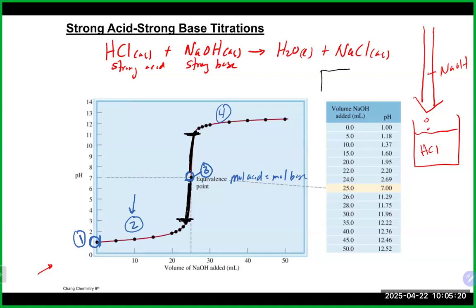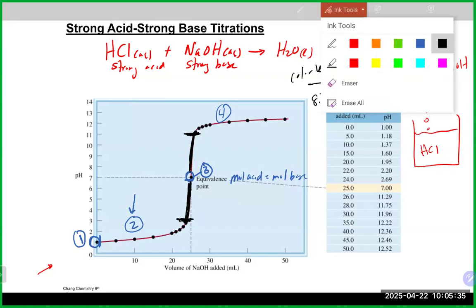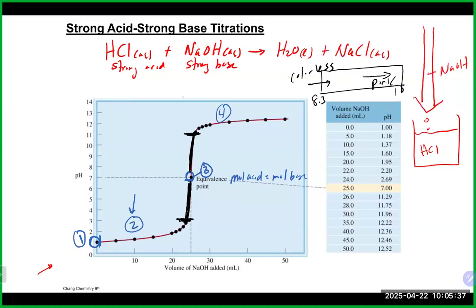So again, a reminder, we take something like phenolphthalein, 8.3 to 10, pink heading this way, kind of colorless on this end. And when we think about what's happening as we approach the equivalence point, and really any titration for the most part, it goes vertical, which means 2 things.